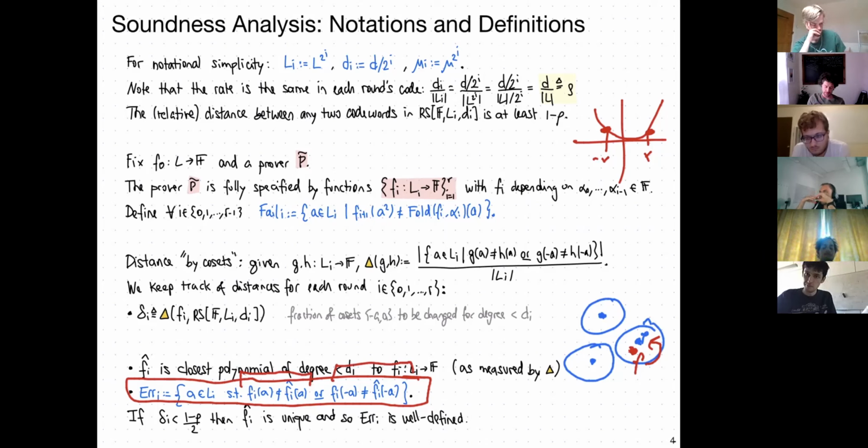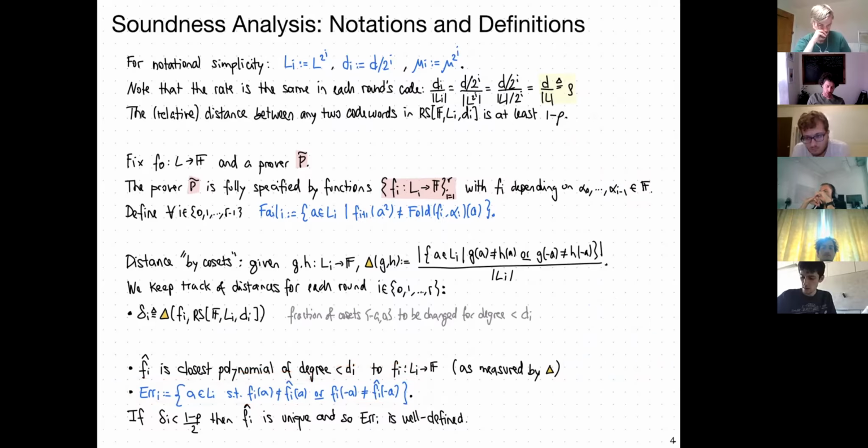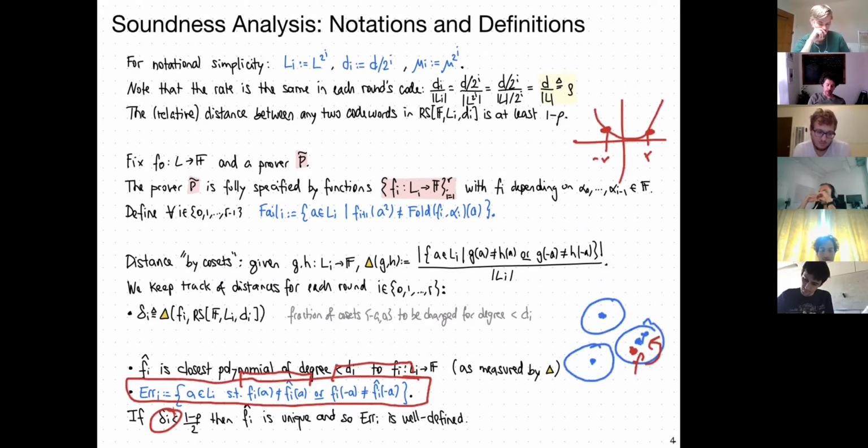Okay, so notice that if the distance at iteration i, delta i, is less than 1 minus rho over 2, which is half the distance of the code, this is called the unique decoding radius of the Reed-Solomon code.